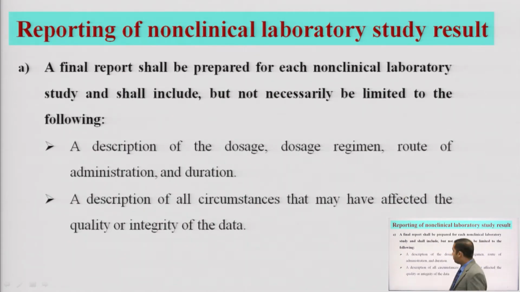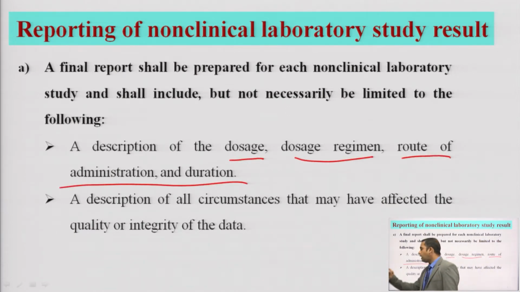Then a description of the dosage regime and route of administration and duration. What kind of dose you are going to give: tablet dosage form, capsule dosage form, or a solid, semi solid or liquid dosage form.